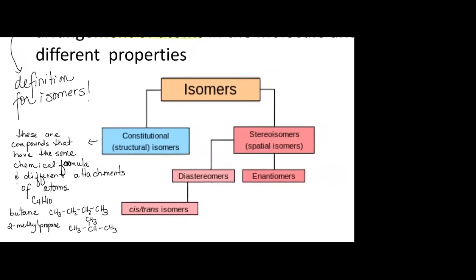Then the other family of isomers that we have are going to be stereoisomers. In other words, spatial isomers.